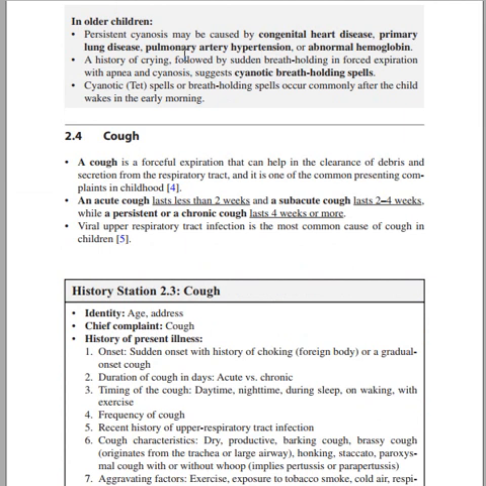The first is congenital heart disease. The second is a primary lung disease involving the airways. The third is pulmonary artery hypertension involving the blood vessels of the lungs, and we have abnormal hemoglobin. So those are the causes of persistent cyanosis in older children.